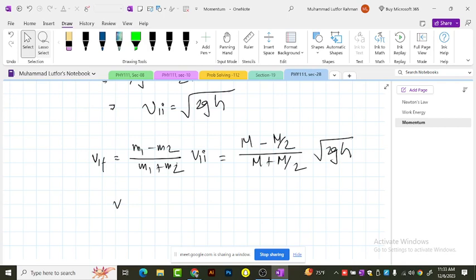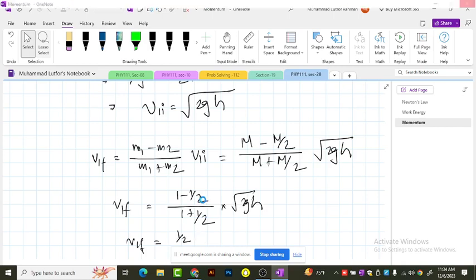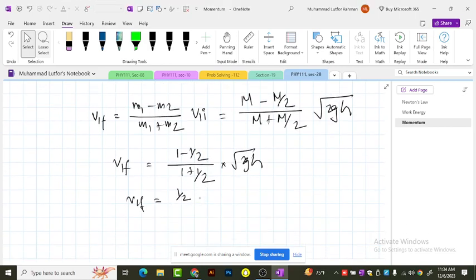It should be probably, vf would be what? Let's check that. If I factor out the m from numerator and the denominator, it should be 1 minus half divided by 1 plus half into root over twice gh, right? So v1f, I will find out, 1 minus half is definitely going to be half, and 1 plus half is going to be 3 by 2, right?